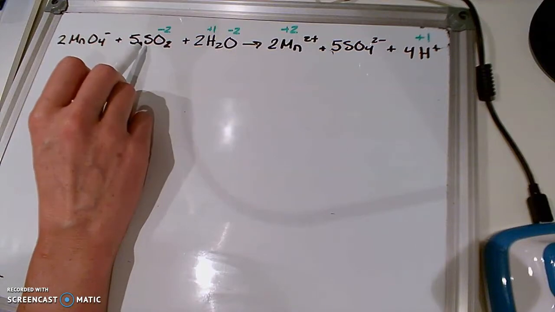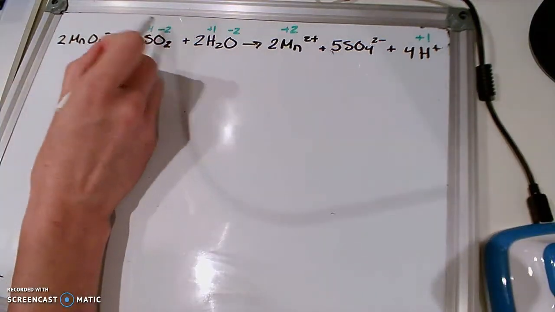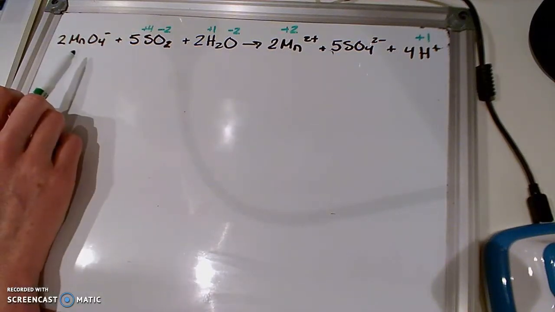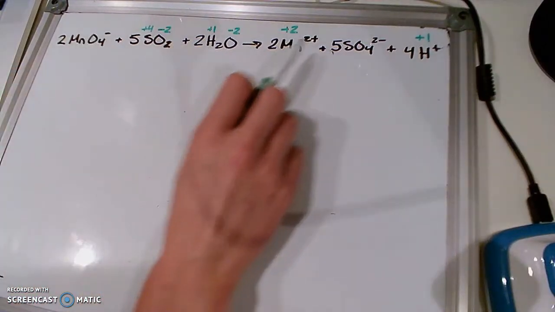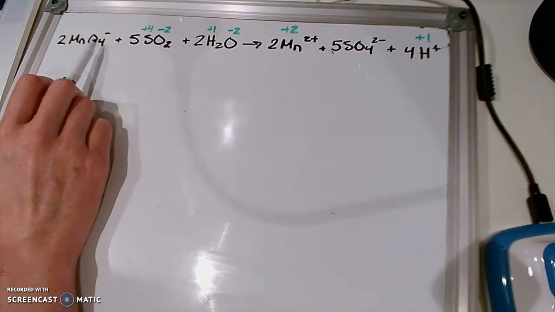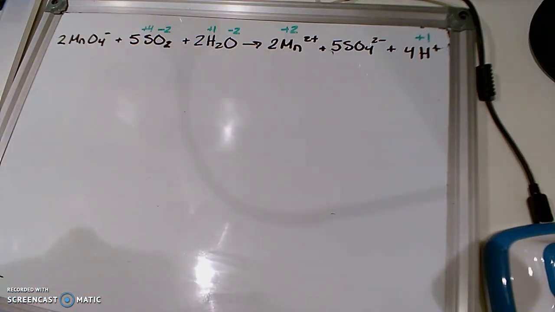And that means that the sulfur needs to be a +4 so that everything adds up to be 0 for this SO2. It gets a little more complicated when we have combined compounds that are also polyatomic ions, like this MnO4 with a negative charge and this SO4 sulfate ion with a -2 charge. So let's go through those.